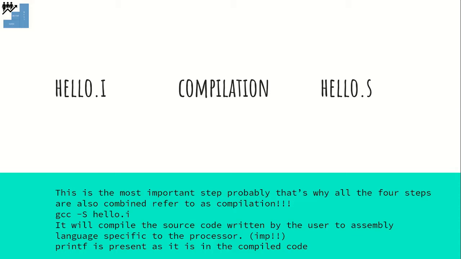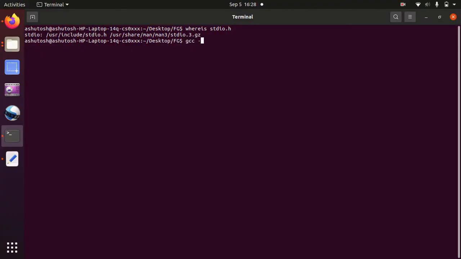One more observation is that the printf function which we wrote in our source code is not present as it is in the hello.s file. Why is it like that? We'll see shortly. gcc -S hello world.i.